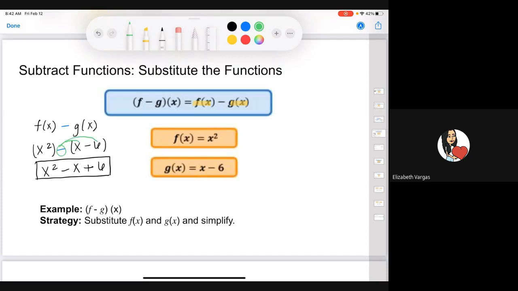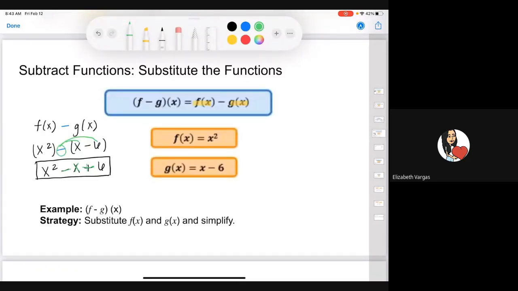That makes this a negative x, and a negative times a negative gives me a positive, so that becomes positive 6. Any questions about how I got x squared minus x plus 6?